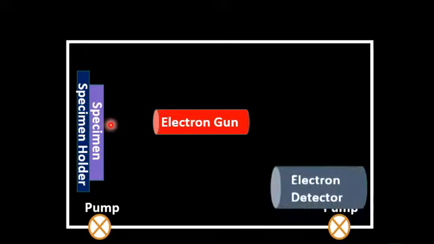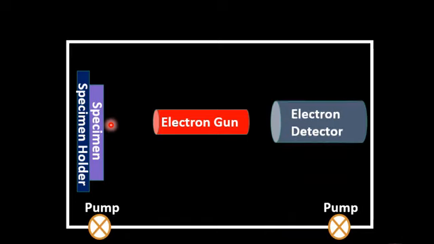The Auger electron spectroscope has an electron detector. It is also known as the electron energy analyzer. The work of the electron energy analyzer or electron detector is to detect the Auger electrons which are emitted from the specimen surface.